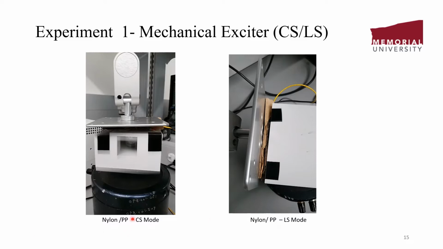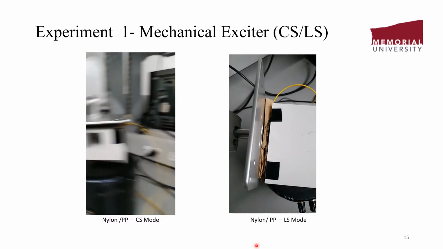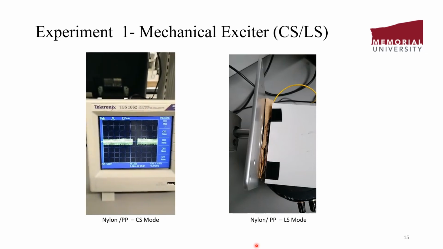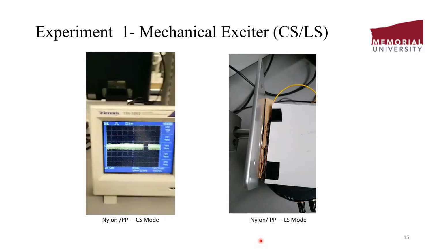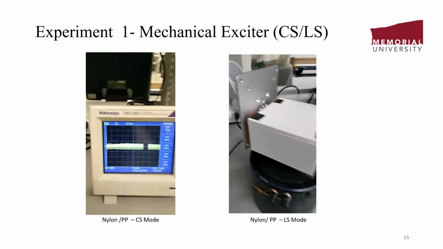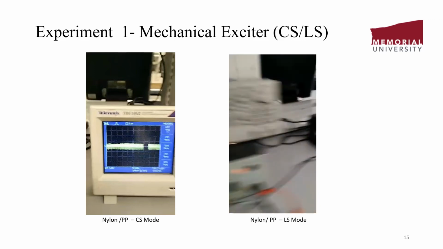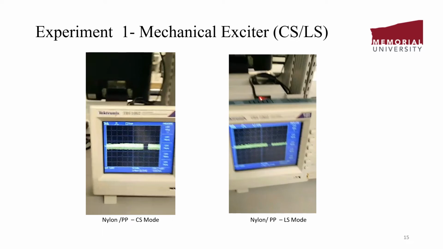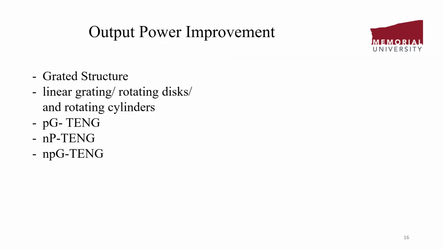So we tried to use a mechanical exciter at 10 hertz and a signal generator output of 2.5 volt. So you can see we achieved a uniform signal, the same 4 volt, but it was uniform. And we checked into power output improvement methods.